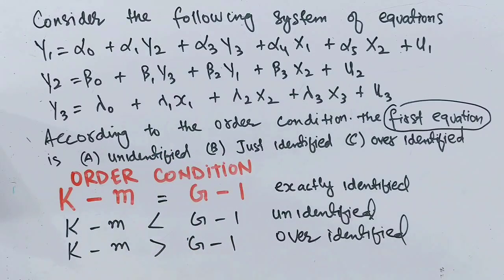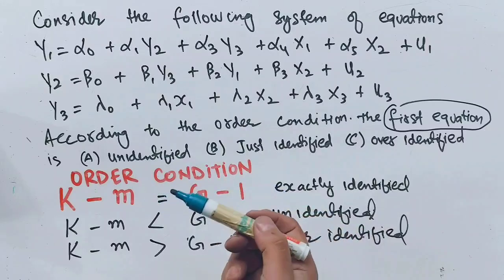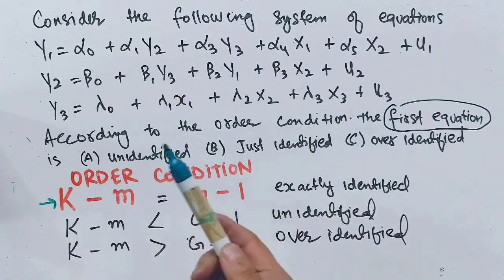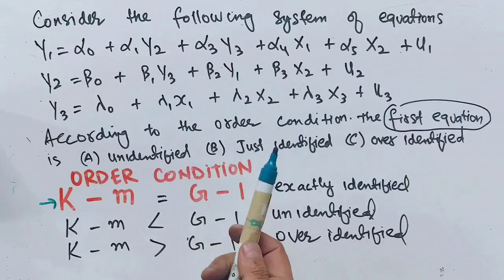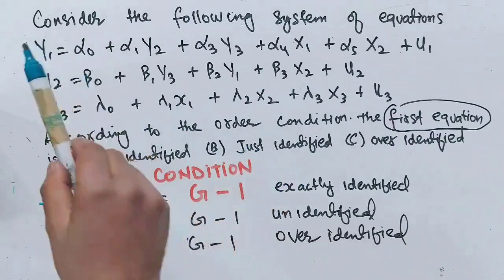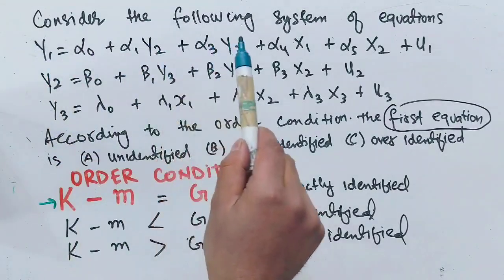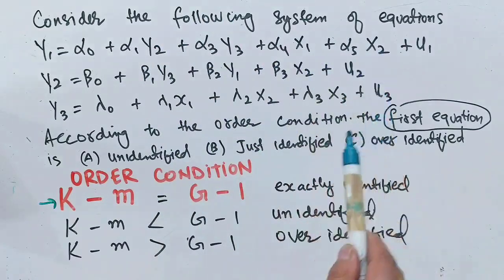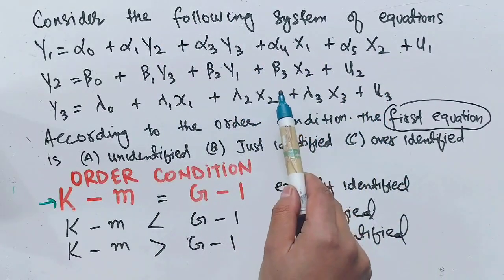So in particular, in the first equation, what will be the value of k? The value of k will be the total number of variables in the model. So we have y1, y2, y3, and then we have x1, x2, and x3.